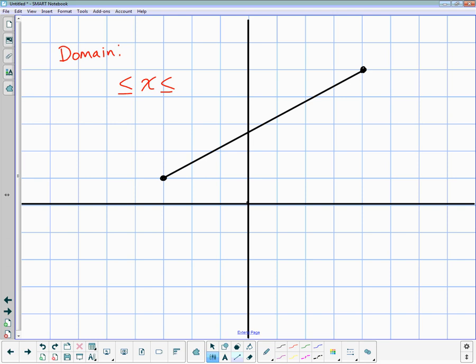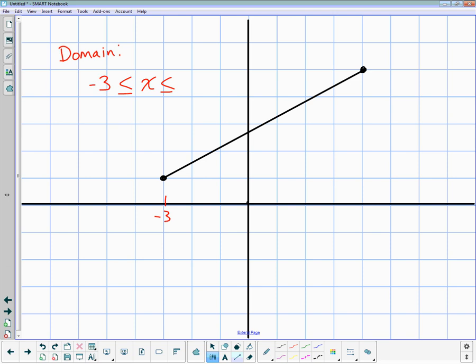All right. My minimum X value. What's the minimum X value? Smallest X value on that graph. You can count it. Where is it? This is -3, right?